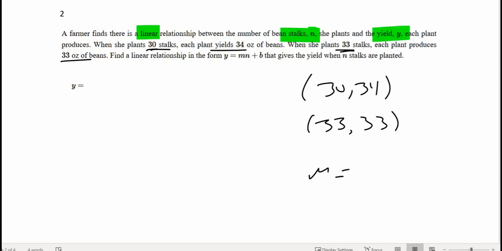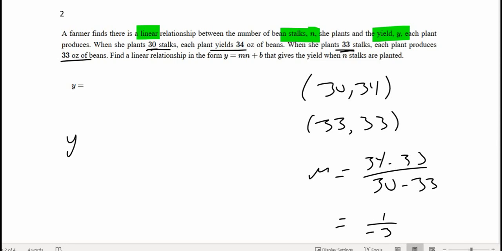Again, let's find the slope. We have y1 minus y2 over x1 minus x2: 34 minus 33 over 30 minus 33. That's going to be negative 1/3 for our slope. So again, y minus 34 equals negative 1/3, and we have n's instead of x's, so n minus 30.